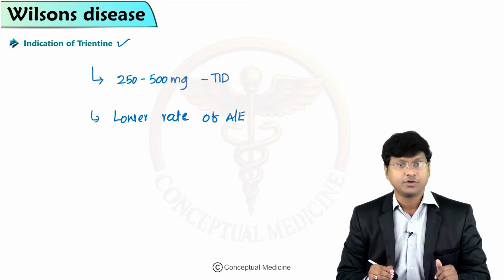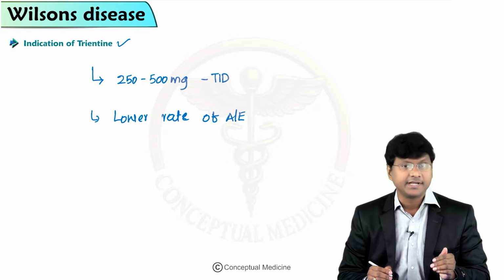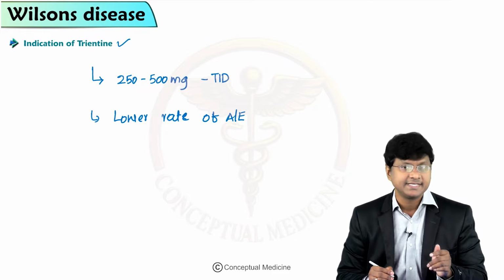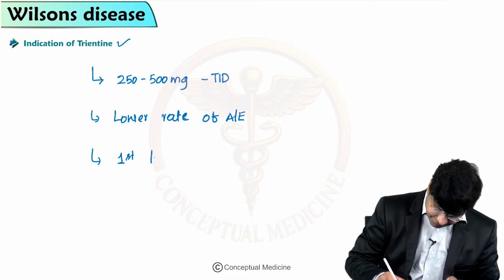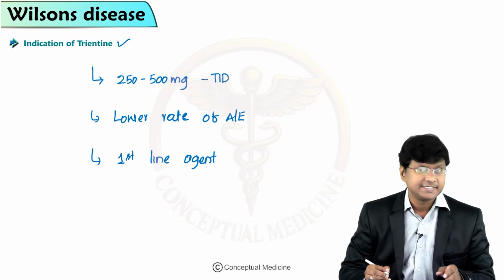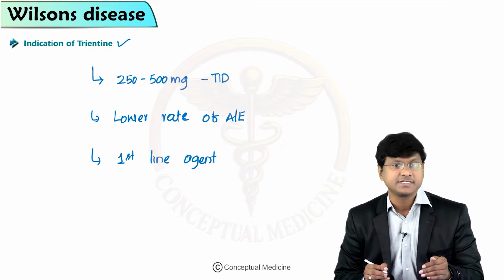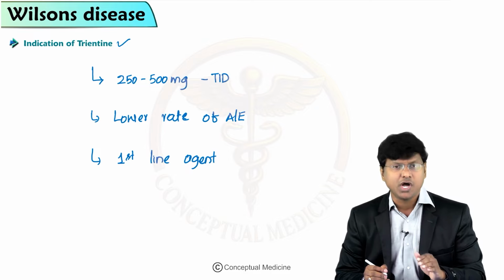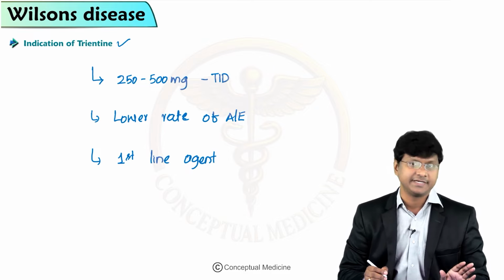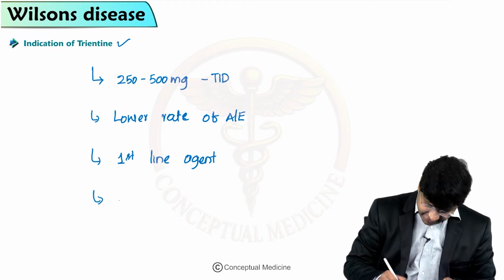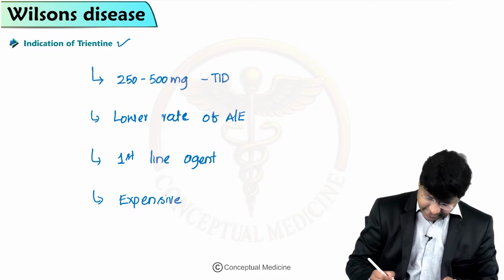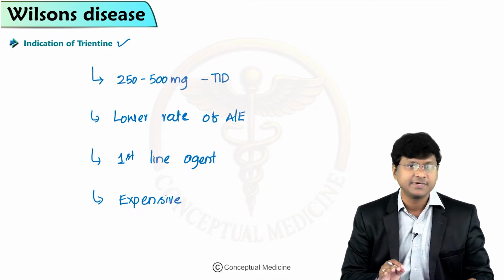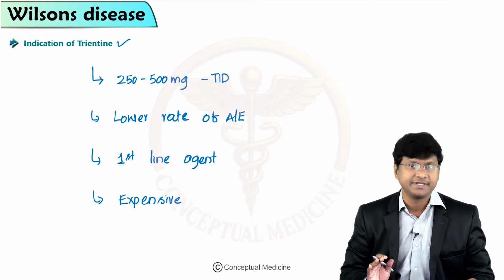It is increasingly being used as the first line agent, although its cost has been exorbitant. It is a little expensive drug. That is the only disadvantage of trientine. Otherwise, efficacy wise, it is as effective as D-penicillamine.